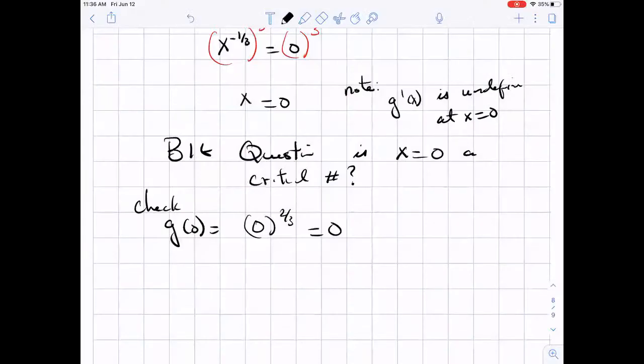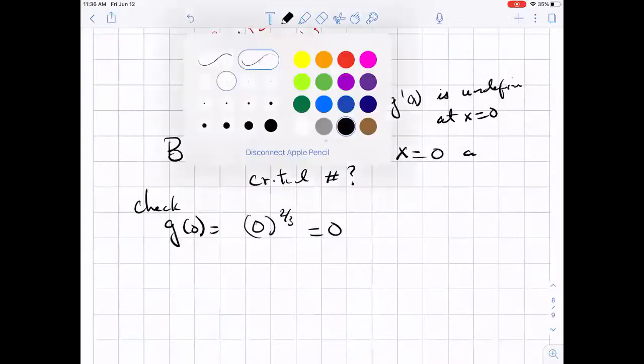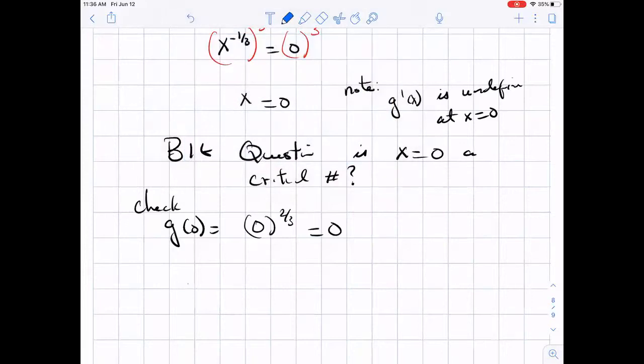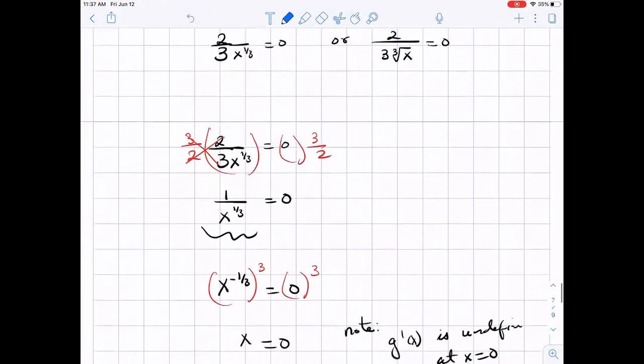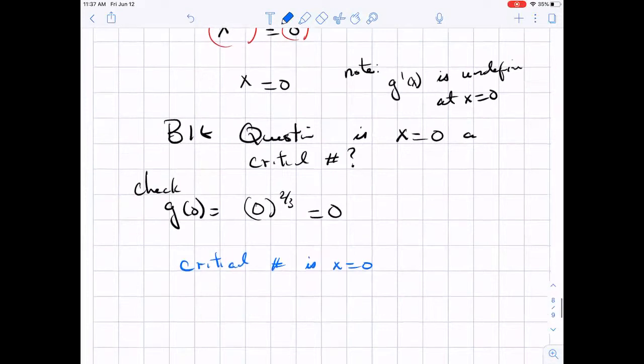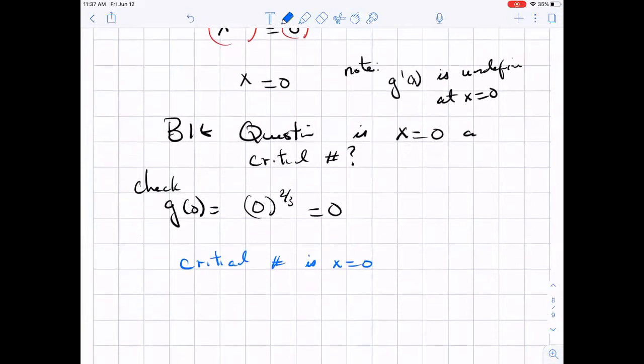So since we are able to plug this in, the critical number is x equals 0. So many examples, try them, what we'll post for homework. Okay, you want to do as many examples as possible to see what's happening. Okay, thank you.